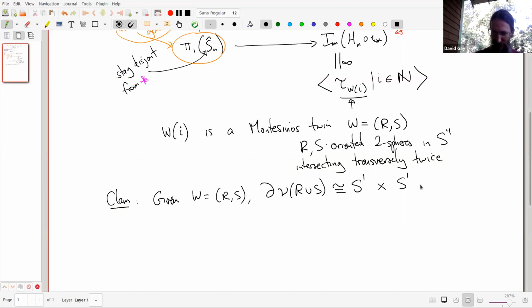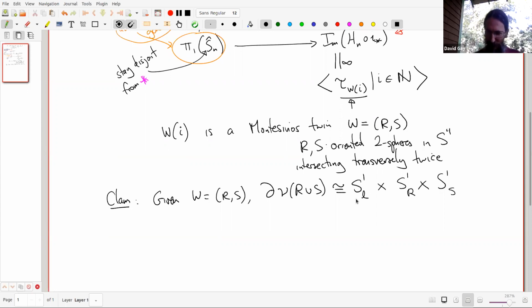And I'll write it there, and then it factors in a natural way. I'll write it S^1_L cross S^1_R cross S^1_S. I think that's Montesinos' original notation. So L stands for longitude, R stands for R, S stands for S. I'll draw a picture that makes this a little clearer.